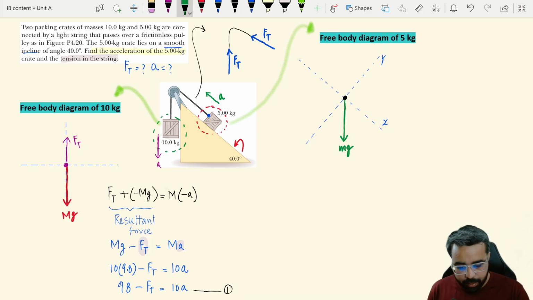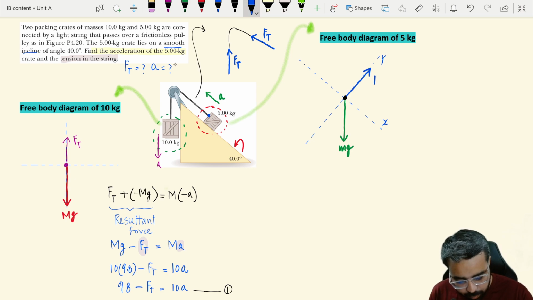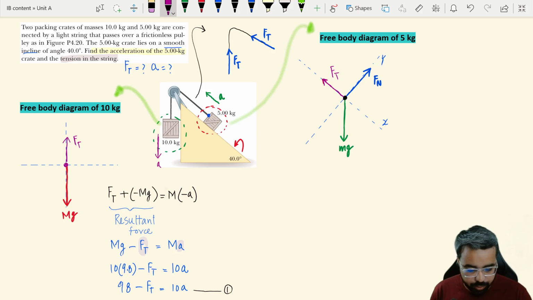Another force is the normal force. As it is frictionless, there's no force of friction. These are the only two forces. No, there's a third force. Dear students, you know that must be the force of tension, and I am going to draw the same length of arrow. You remember this one is the force of tension.